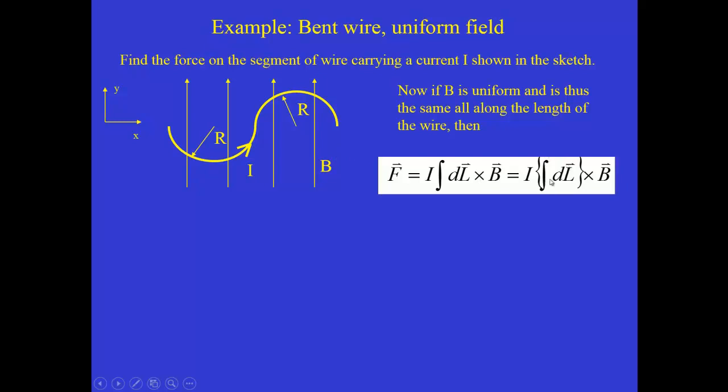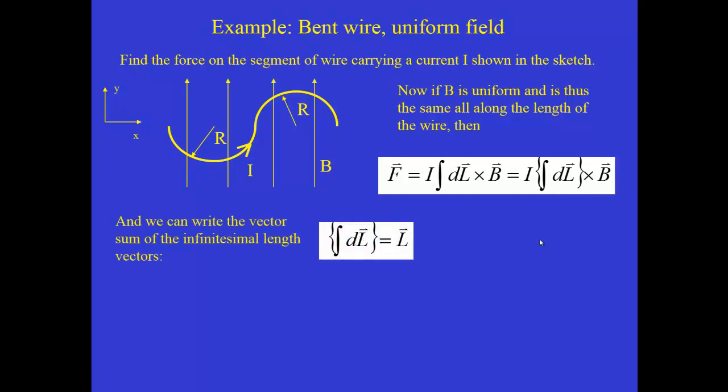We can take the sum, or the integral, of all the dL vectors pointing along the length of the wire, do that integral, and then take the cross product with B. Of course, the only reason we can do this is because B does not change along the length of the integral. We can't really pull the B out in front of this because it's in the cross product, and we don't want to mess that up. But we can see that the only thing that really needs to be integrated is dL, and that makes our task simple.